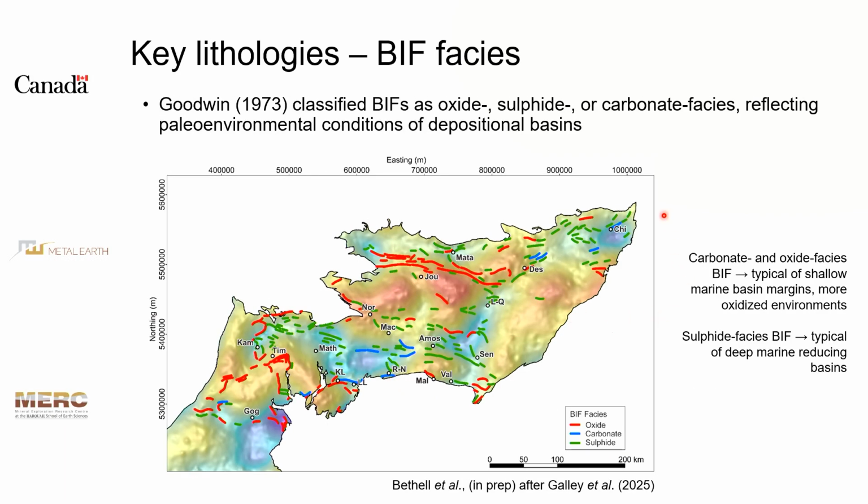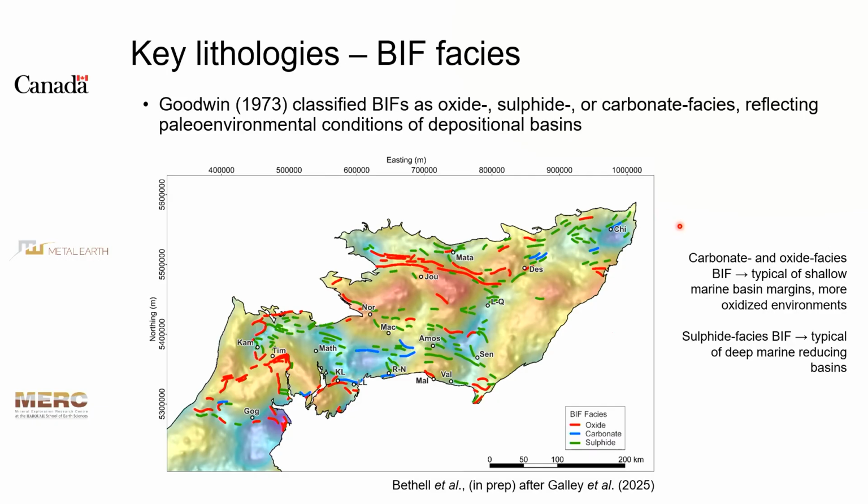In terms of looking at banded iron formations, we also had a look at the work by Goodwin in 1973, where he classified iron formations into different facies: oxide, sulfide, and carbonate. We digitized that map in order to compare it to the moho depth model, where we think these rift basins might be, in hopes that they could tell us something about the paleo-environmental conditions of the depositional basins in which these formed.